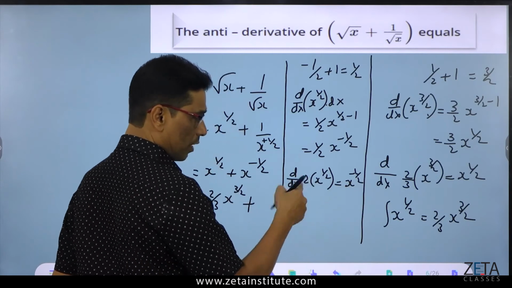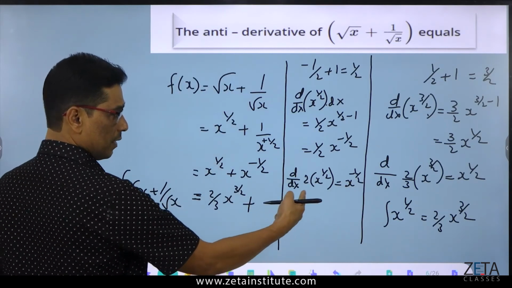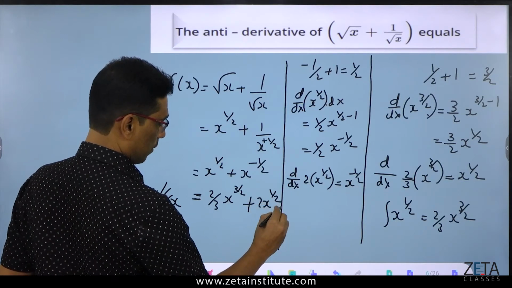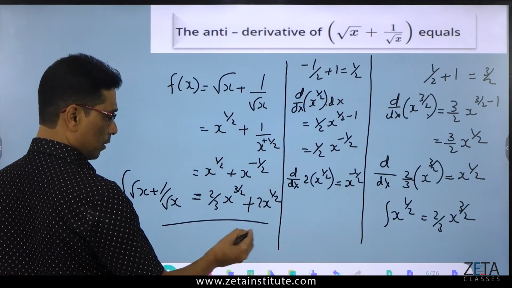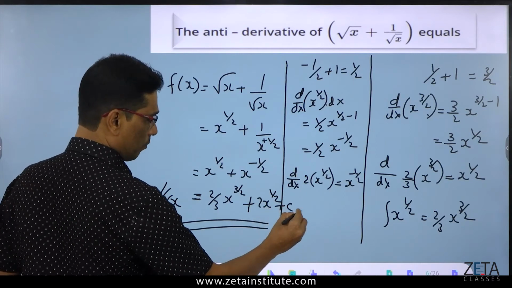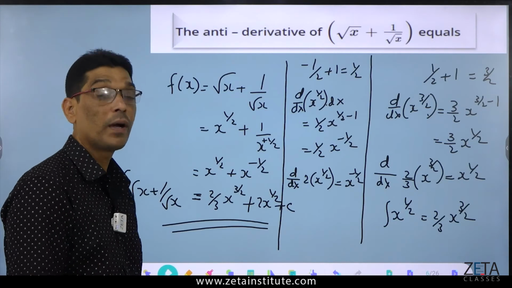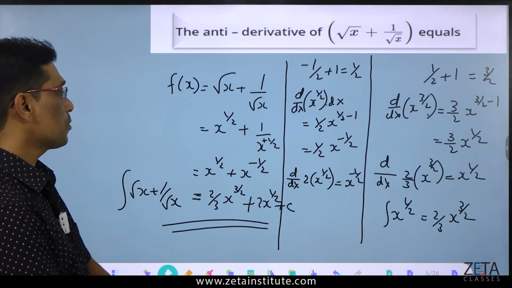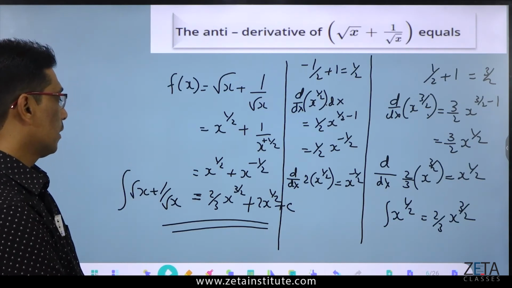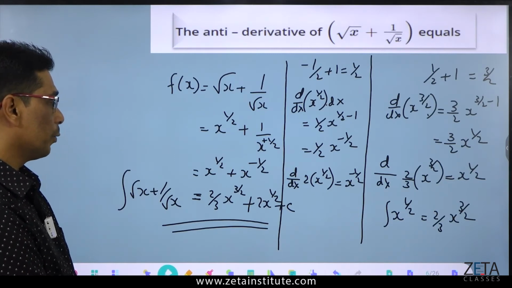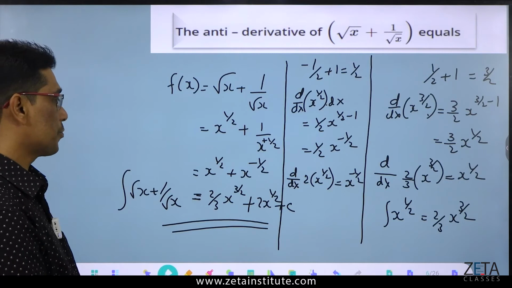So the integration of x raised to minus 1 by 2 is 2 into x raised to half. So this is the antiderivative of root x plus 1 by root x: 2 by 3 into x raised to 3 by 2 plus 2 into x raised to half plus c.